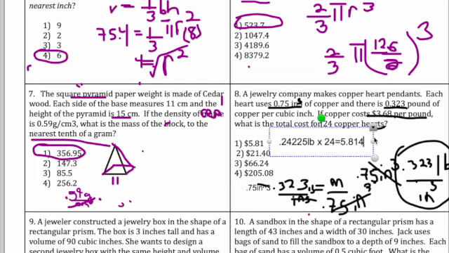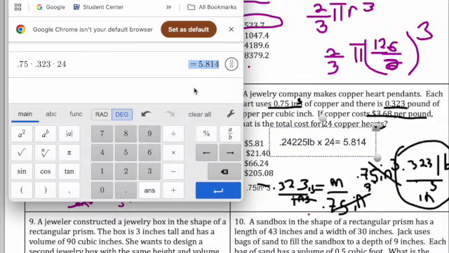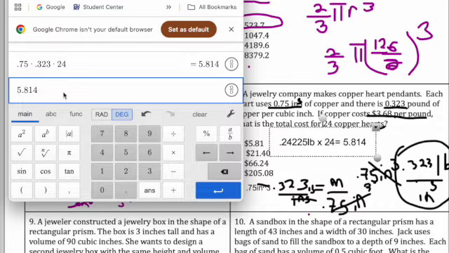So we're going to multiply it. We have 5.814 times 3.68.